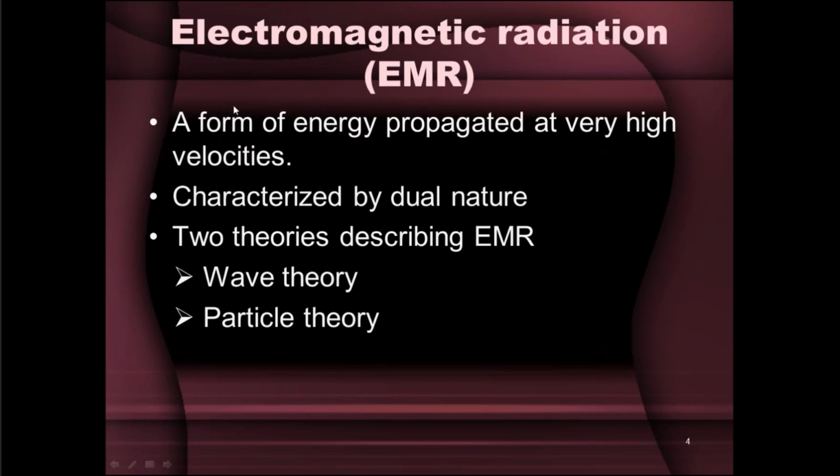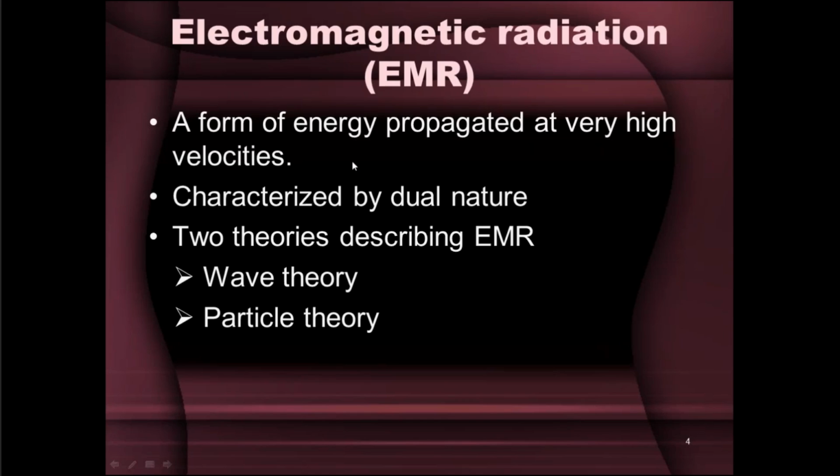So since we mentioned in the spectroscopy definition a term electromagnetic radiation, interaction of electromagnetic radiation with matter, what is electromagnetic radiation? It's a form of energy that is propagated at very high velocities.